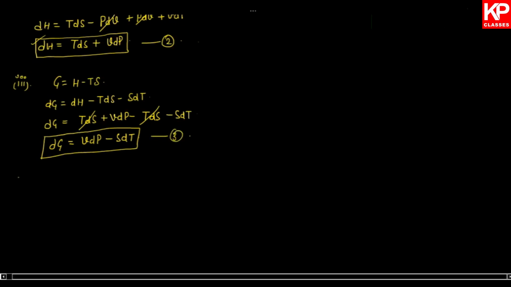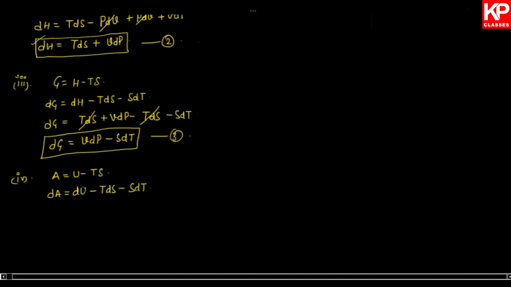All right. Similarly, for the Helmholtz free energy, A is given by U minus TS, right? So differentiate the complete equation and put in the values, and you will obtain the relation. So dA is nothing but dU minus TdS minus SdT, right?